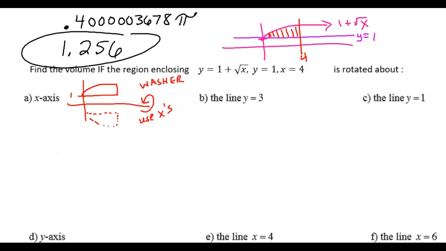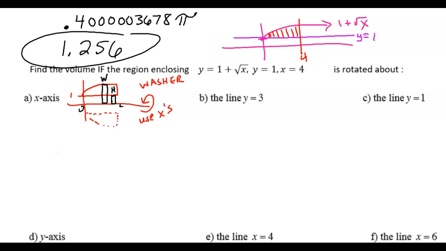But anytime you have a gap, doesn't matter if it's all the way through or not, it is a washer. So visualize that. It's a bowl on the outside, but you can put a can, it's like a cylinder on the inside that's missing. So if I'm going to the x-axis, that's going to be my whole minus my whole. Does that make sense?